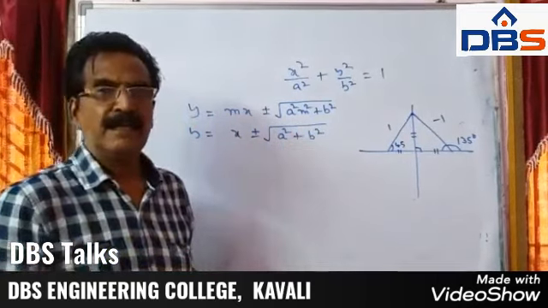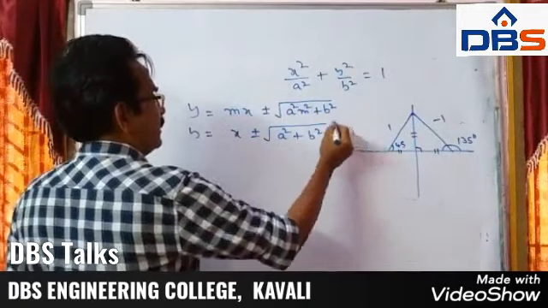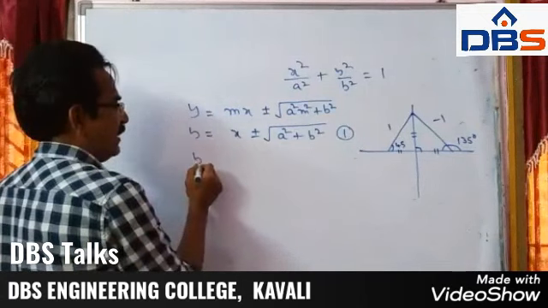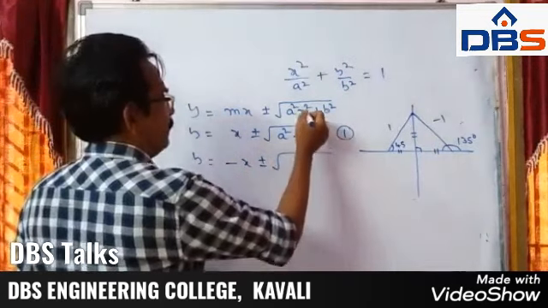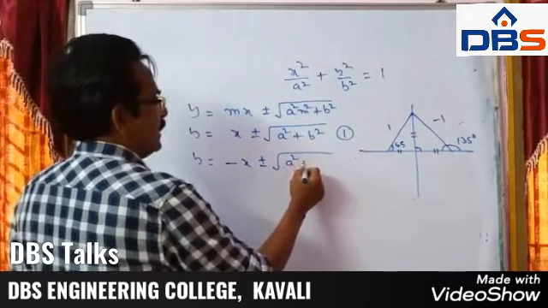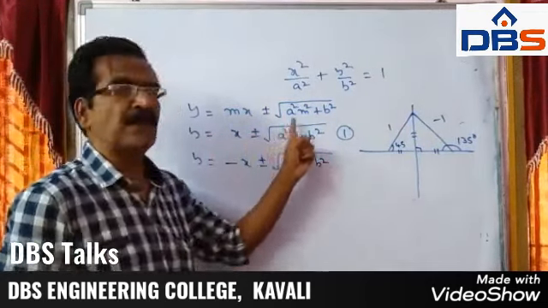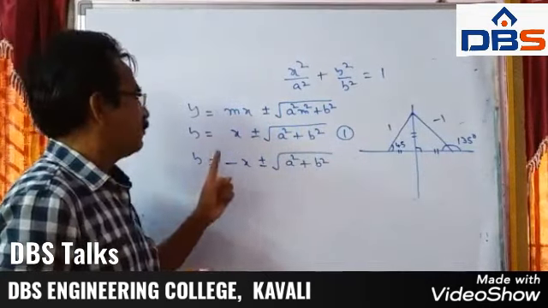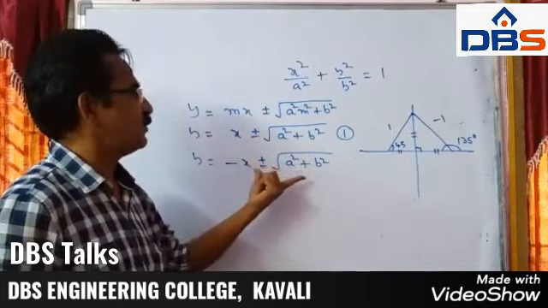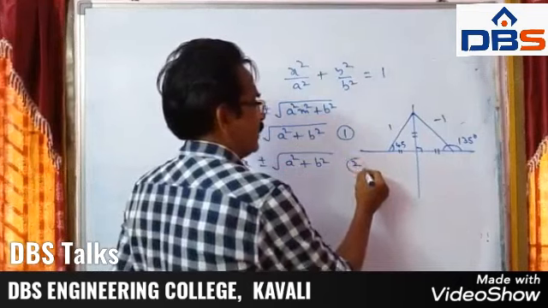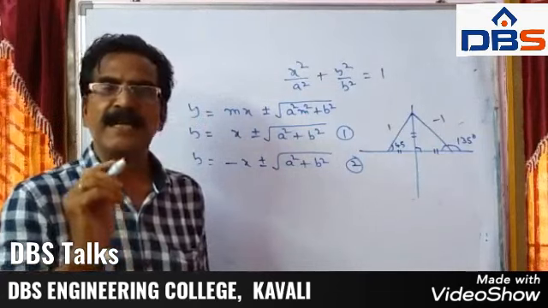And the second case, let us take the slope as minus 1: y is equal to minus x plus or minus root of minus 1 whole square times a square plus b square, so y is equal to minus x plus or minus root of a square plus b square. These two are the equations of the tangents which make equal intercepts on the axis.